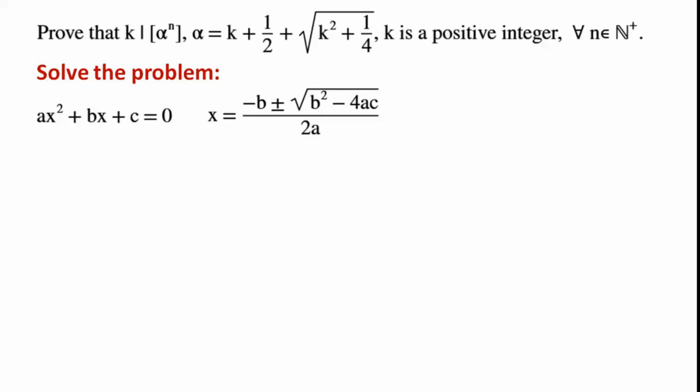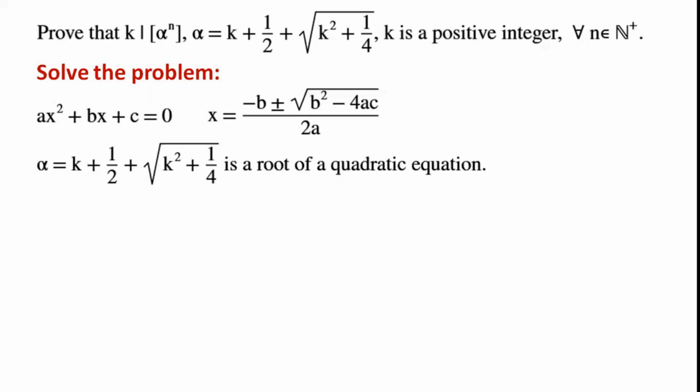x equals minus b plus or minus root of b squared minus 4ac over 2a are the roots of the quadratic equation ax squared plus bx plus c equals 0.